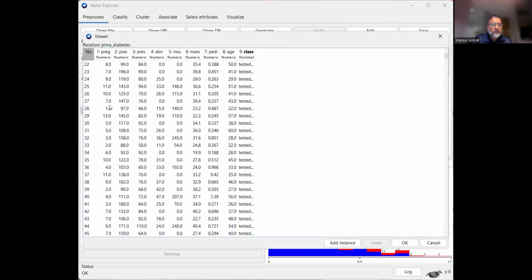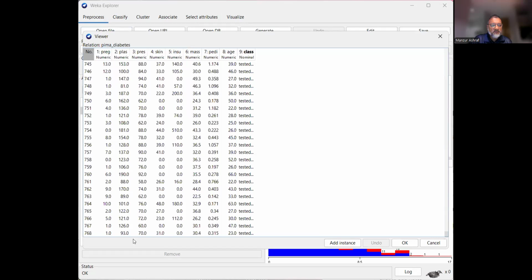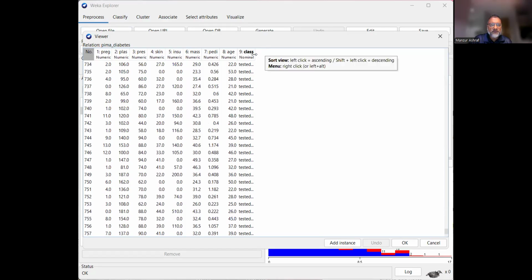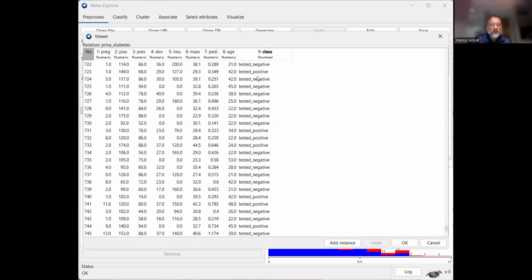right? So we can see that there are 768 entries of diabetic patients. Now, if we look at the class, this is indicating tested positive or tested negative. So diabetes is positive or diabetes is negative, depending on these parameters, right? And these are the different patients.